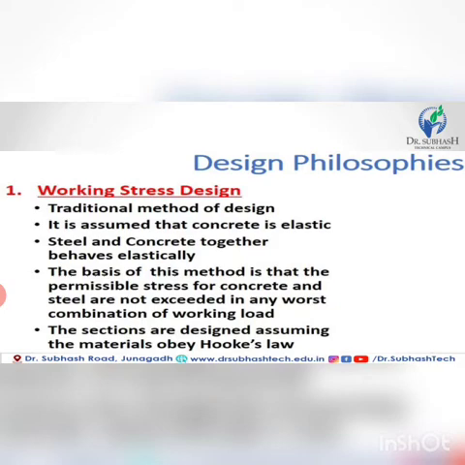The basis of this method is that the permissible stresses for concrete and steel are not exceeded in any worst combination of the working load. The sections are designed assuming the material obeys Hooke's law.